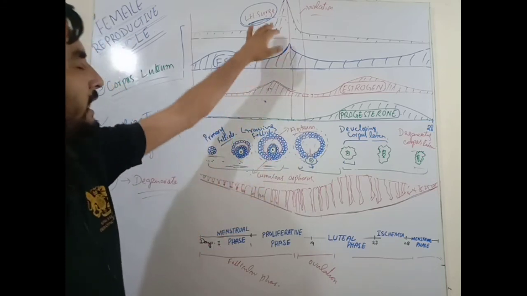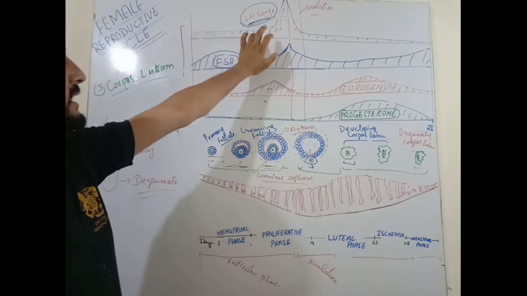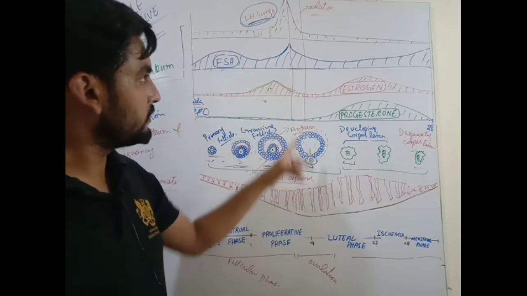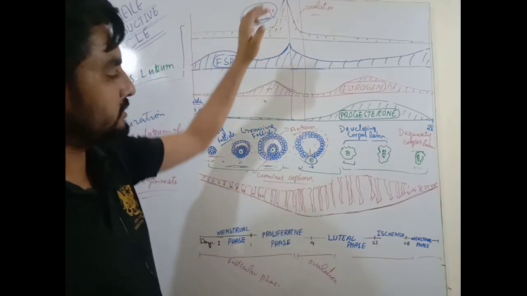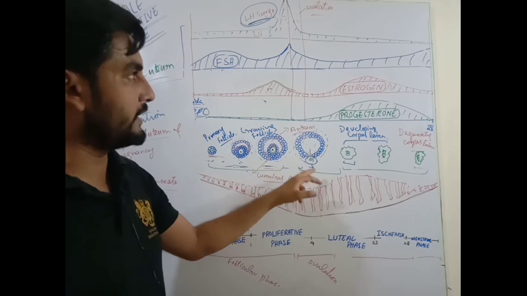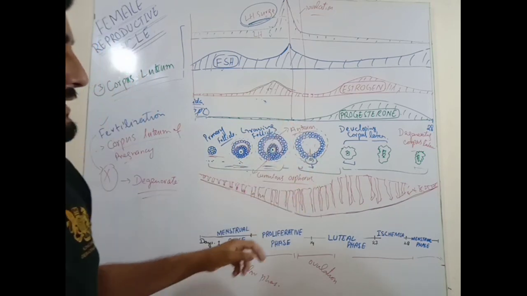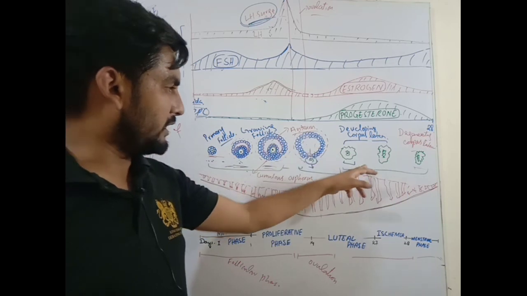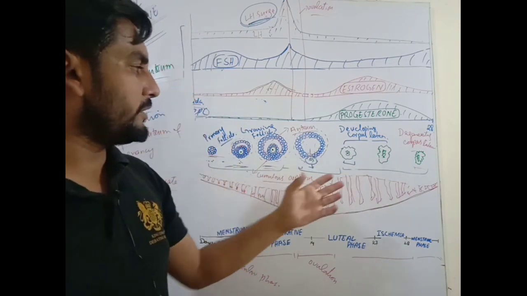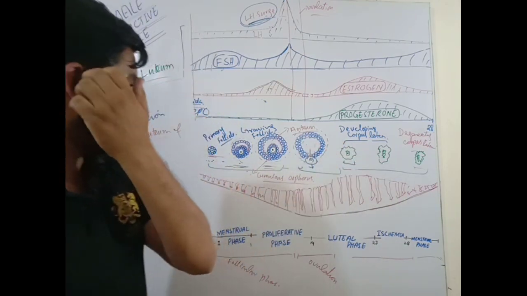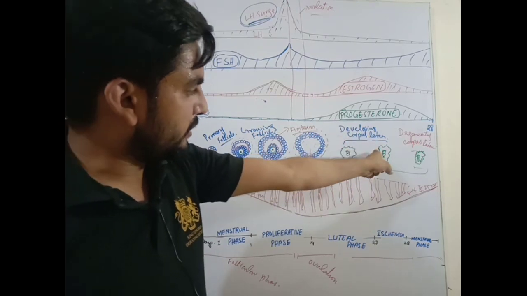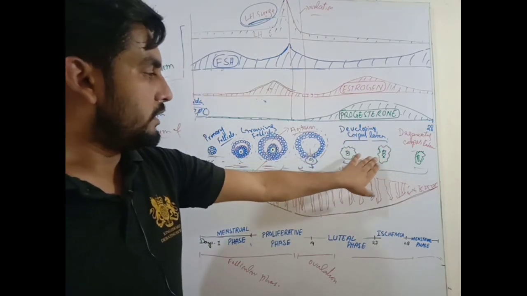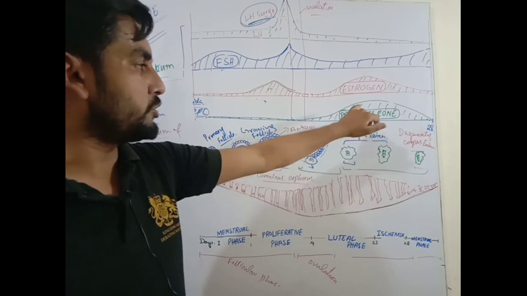Then the LH surge, the increase in the LH hormone, occurs, and the LH surge causes the ovulation of the secondary oocyte. This was the ovulatory phase. Then the follicular cells, theca folliculi, form the corpus luteum. The corpus luteum is a glandular structure that mainly secretes progesterone. You can see here, during the development and retention of this corpus luteum, the progesterone is increased.